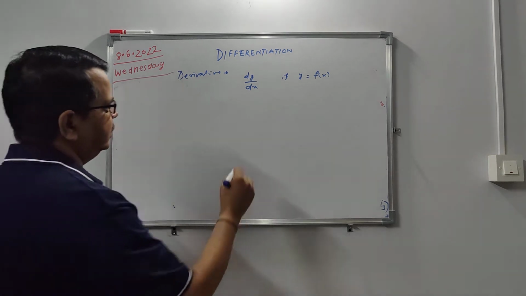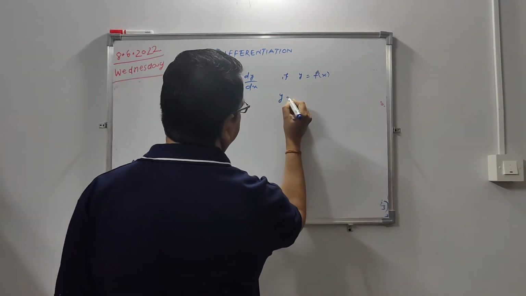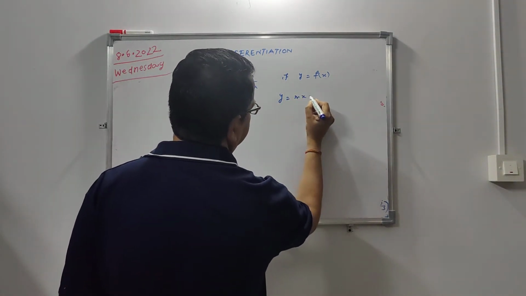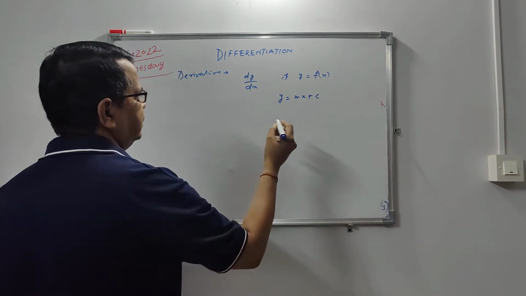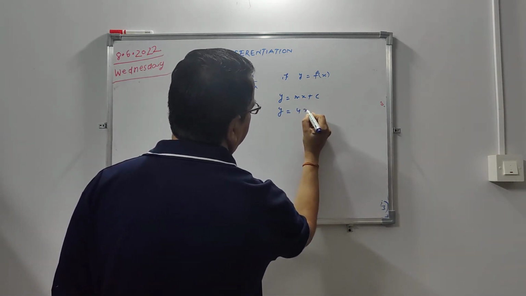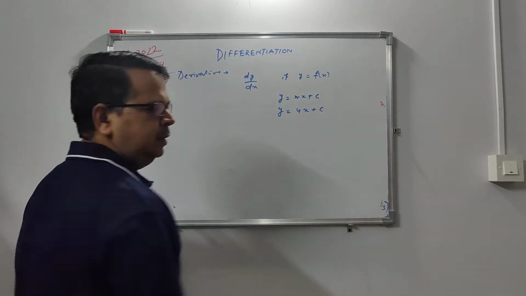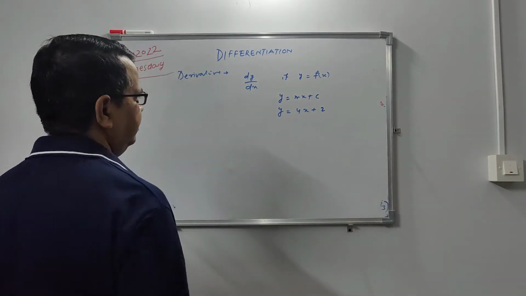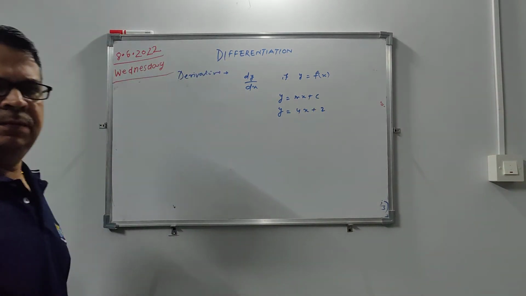Let us say we know the equation of a straight line, y is equal to mx plus c. Let us say the slope is 4 and the intercept is 2. That means y is a function of x.